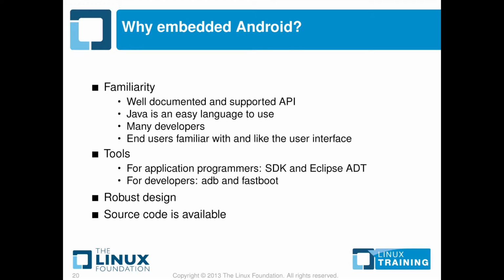And then from the developer's point of view, we have not only the well-known SDK and Eclipse tools, which again are available from online websites, but also the lower level stuff, which is what we're really talking about here in this training session. We have tools like ADB and Fastboot, which make developing and updating devices very easy. Add to that the fact that the Android operating system is very robust, it's well designed, and finally, it is open source, which is crucial. We wouldn't be able to do this stuff if it wasn't.